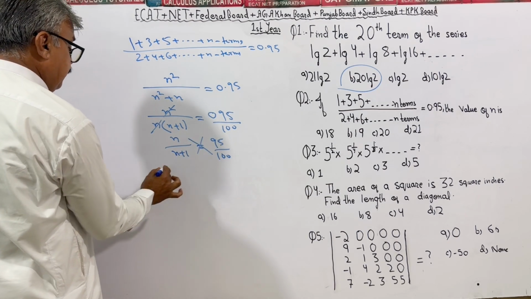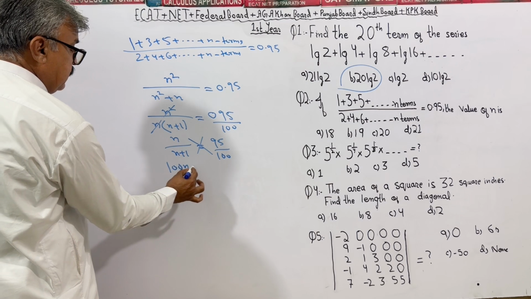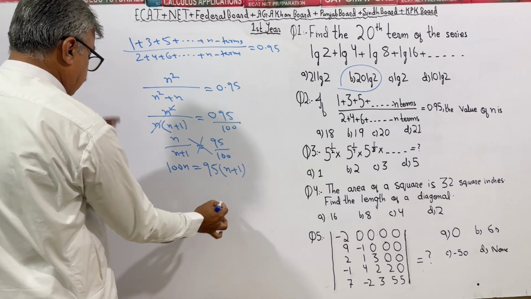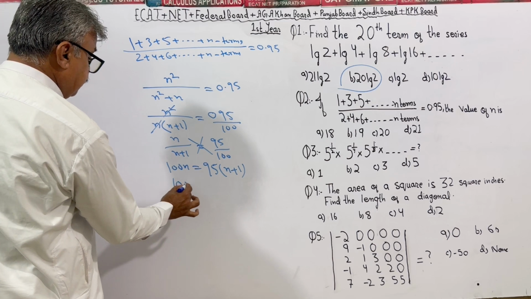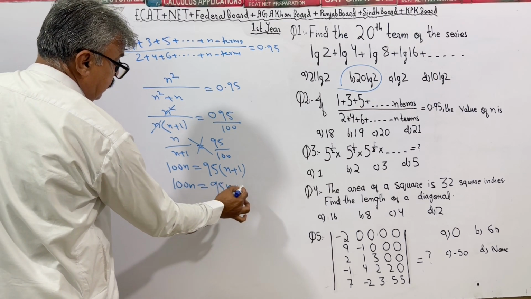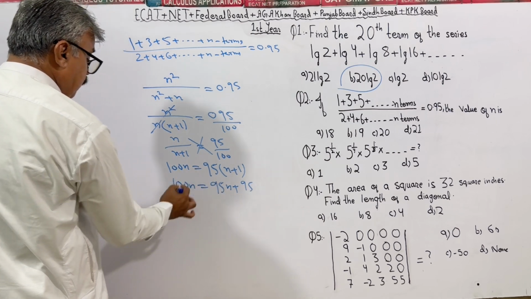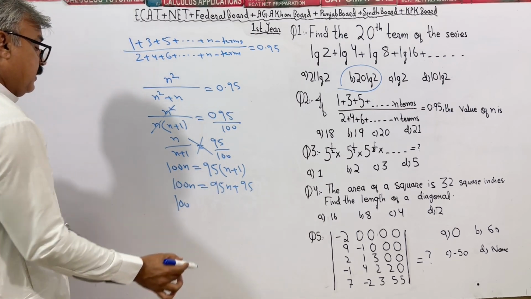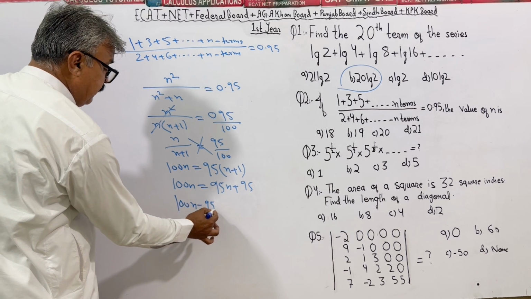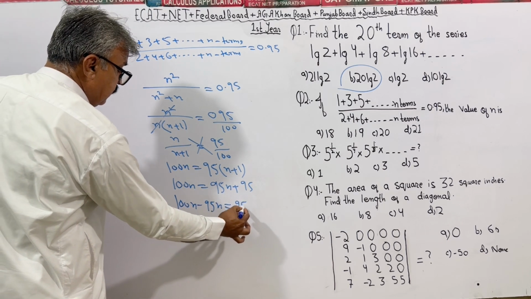Cross multiply: 100 times n is equal to 95 times n plus 1, that is 95n plus 95. Solve for n. Shift like terms to the left-hand side: 100n minus 95n is equal to 95.